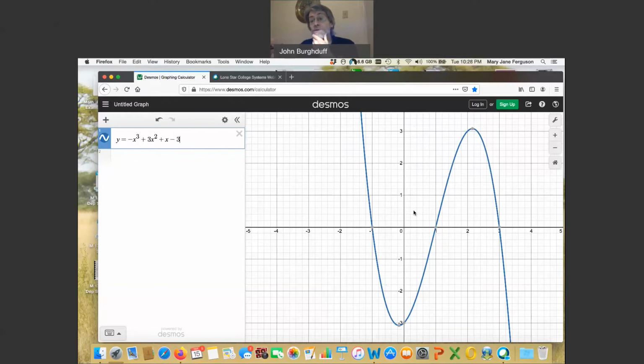The one thing you might notice is I sort of guessed that the lowest point would be right here at 0, negative 3. It actually goes a little lower. Oh my goodness, look at that. You will not know how it knows that until you have some calculus. So we are just concerned about the general shape, which we have, and the exact high and low points. Well, we don't have that right now.